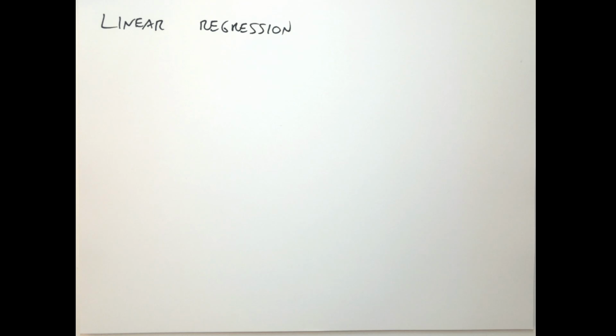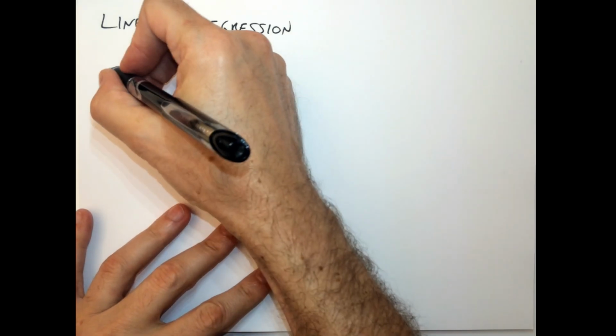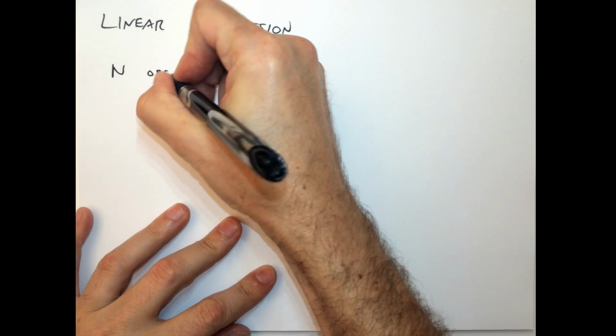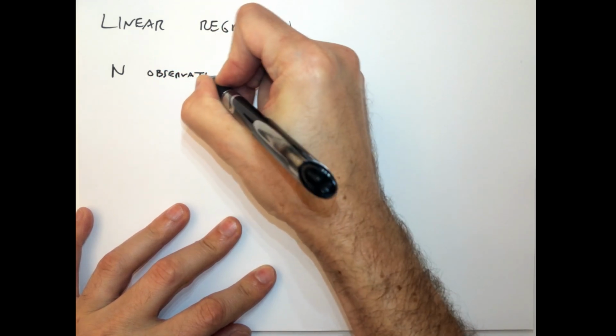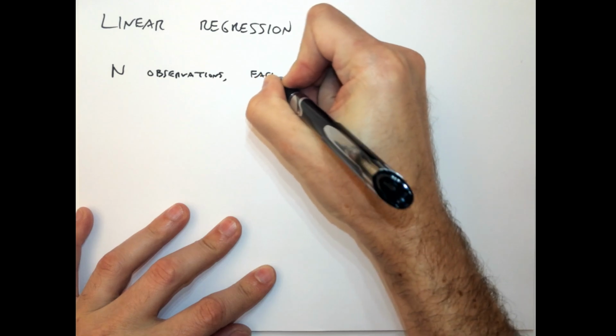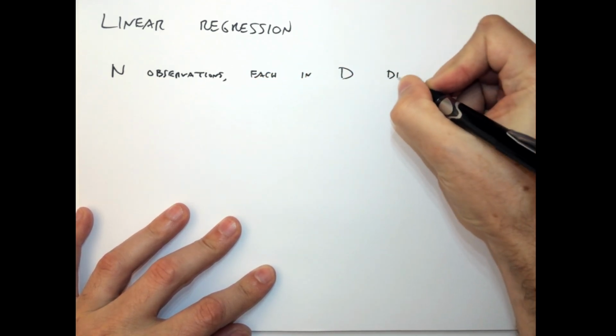So the idea is that we have n observations, each in d dimensions.